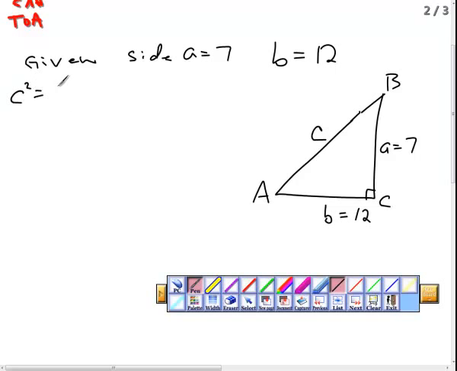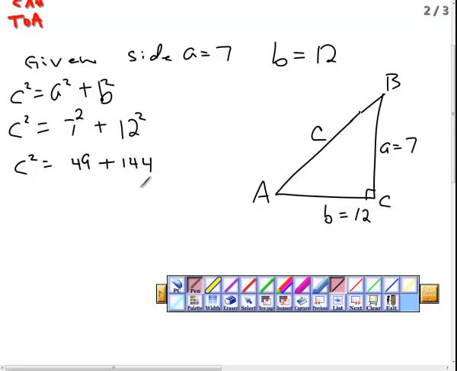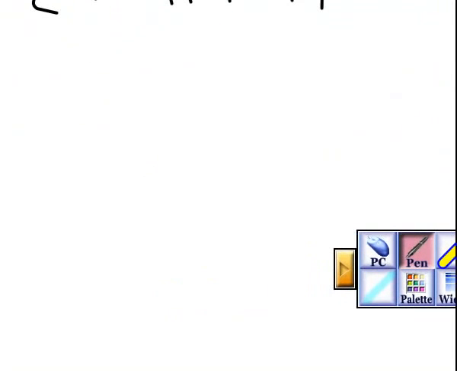Okay, so we're going to use the Pythagorean Theorem here. C squared equals A squared plus B squared. So this will be C squared equals 7 squared plus 12 squared. And so that'll be 49 plus 144. And we get 193.